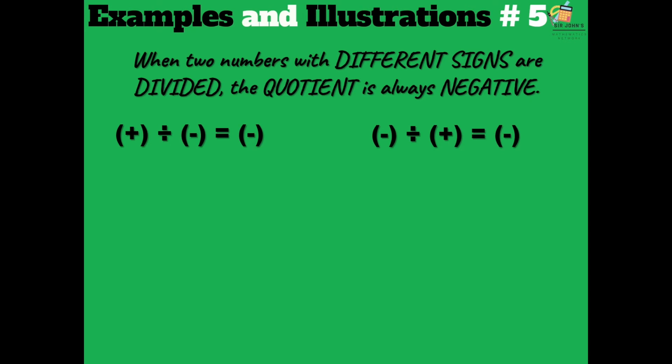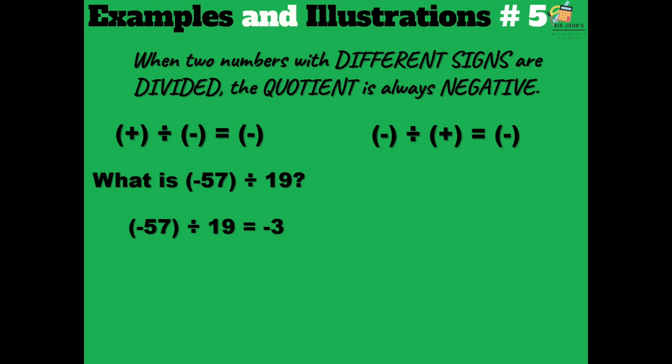Let's say for example, what is negative 57 divided by positive 19? For this example, the solution is negative 57 divided by positive 19. The quotient is equal to negative 3. Another example, what is 273 divided by negative 21?